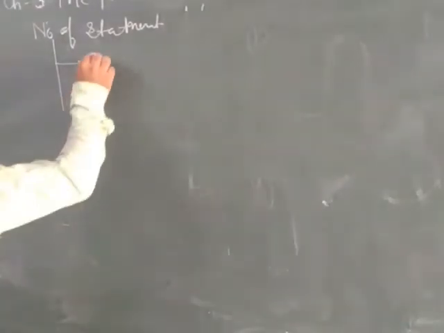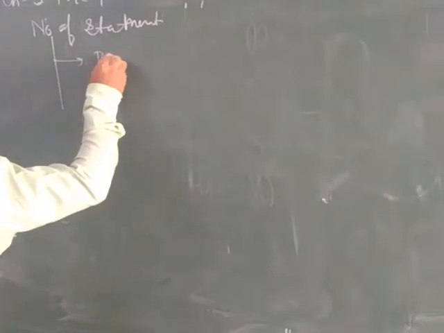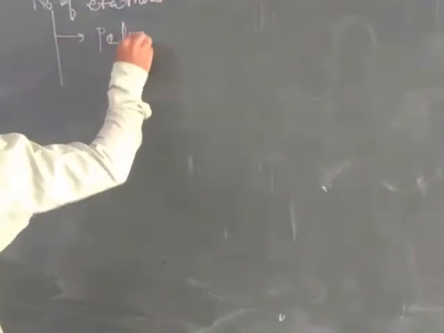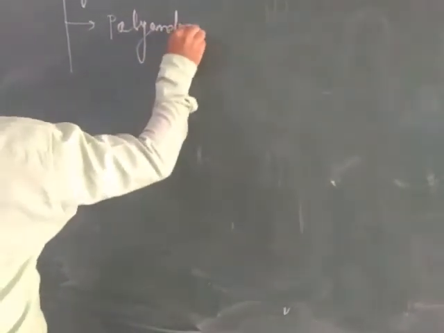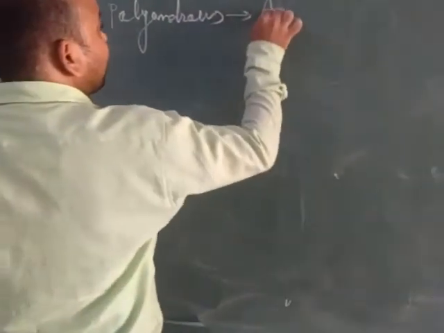Stamens exhibit great diversity with respect to fusion and attachment, with different terms. The first is polyandrous. Polyandrous means all stamens are free.